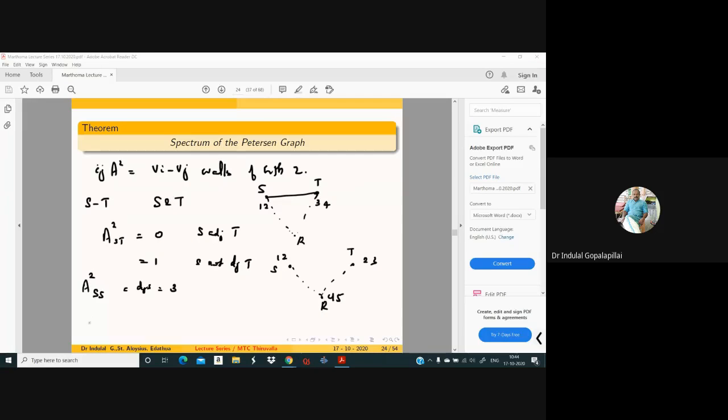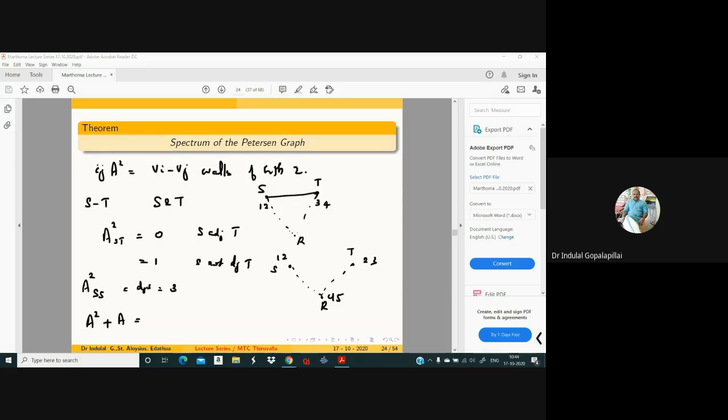So we have A square plus A. See, whenever there is a 0 in A square, the corresponding entry in A is 1. And whenever there is an entry 1 in A square, the corresponding entry in A is 0.